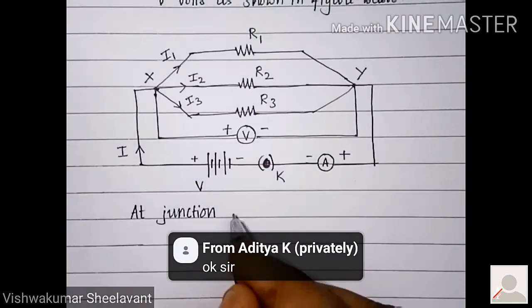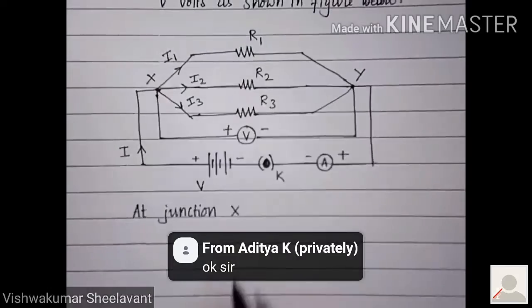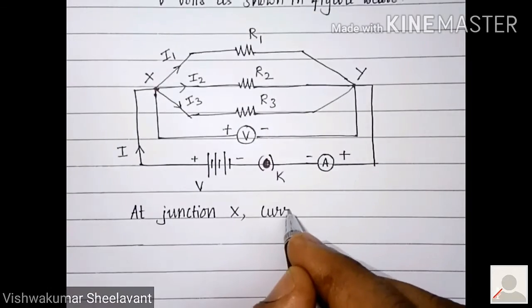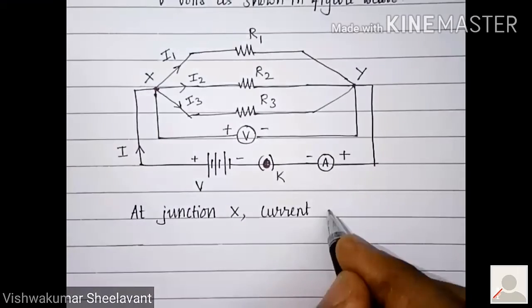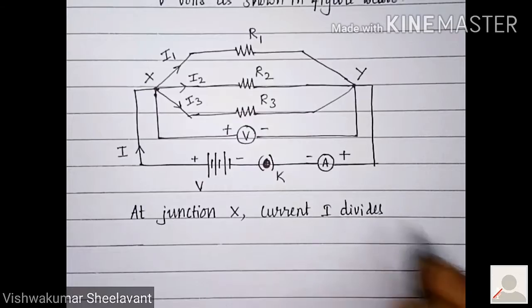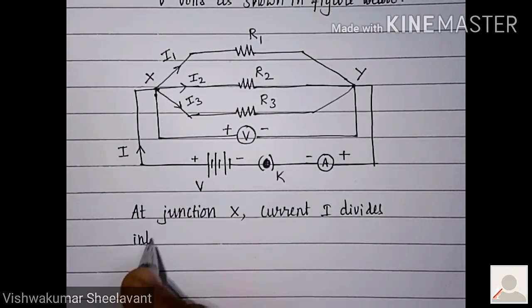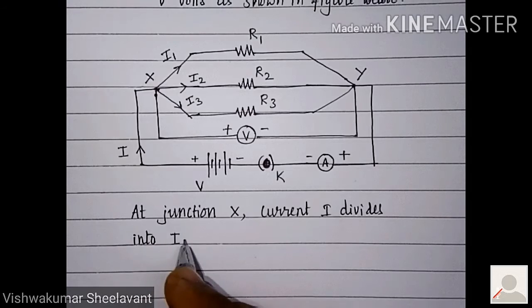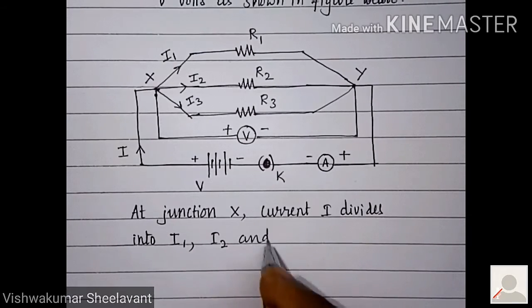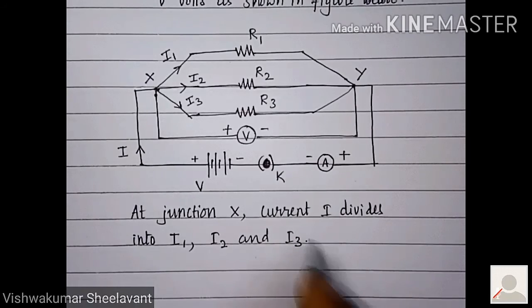At junction X, current I divides into I1, I2 and I3.